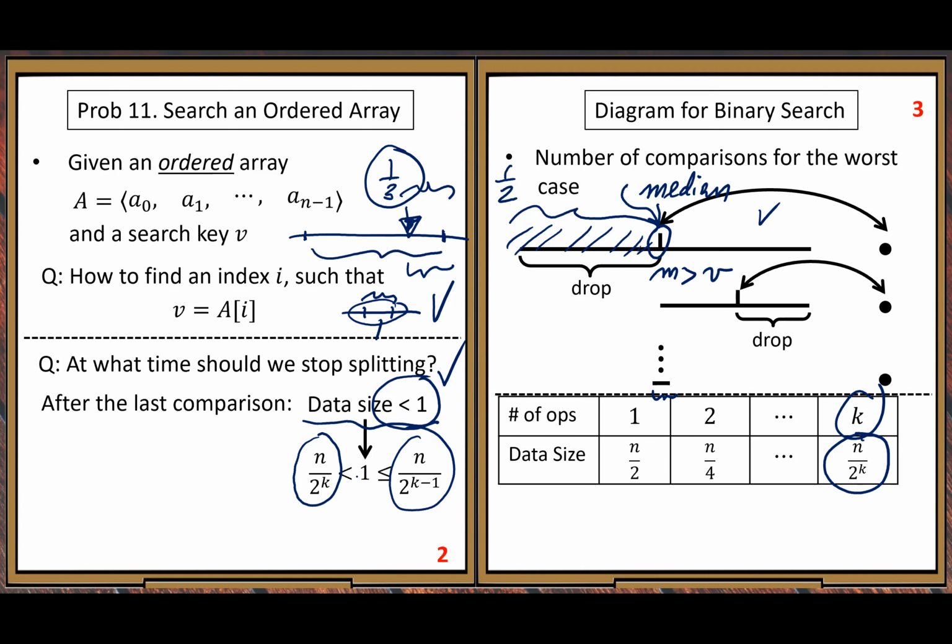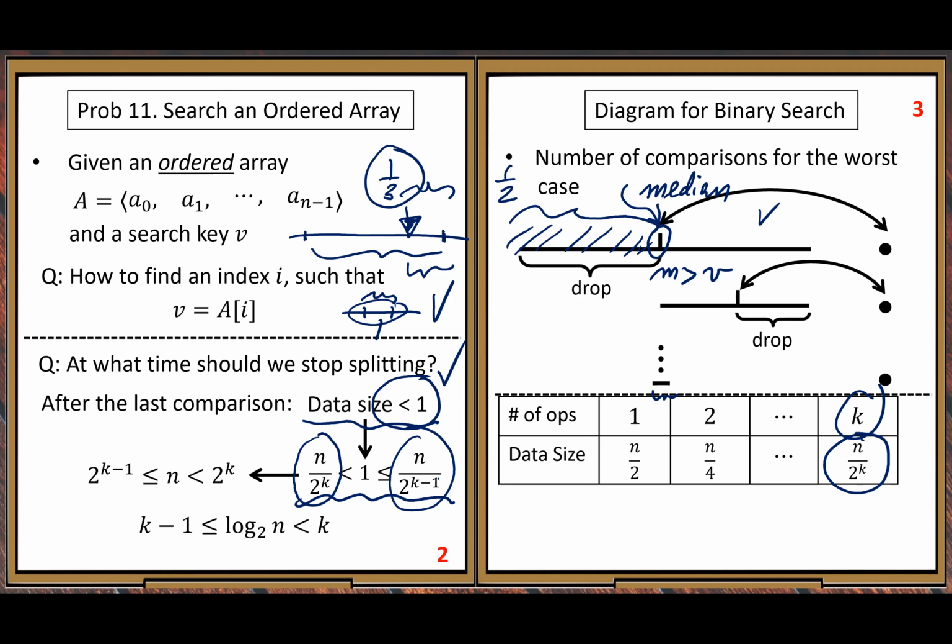Now the question, how to find that K? By solving this inequality. After simplification, we get 2 to the K minus 1 less than or equal to n less than 2 to the K. Then we take log base 2, because power of 2, we should take a log base 2.